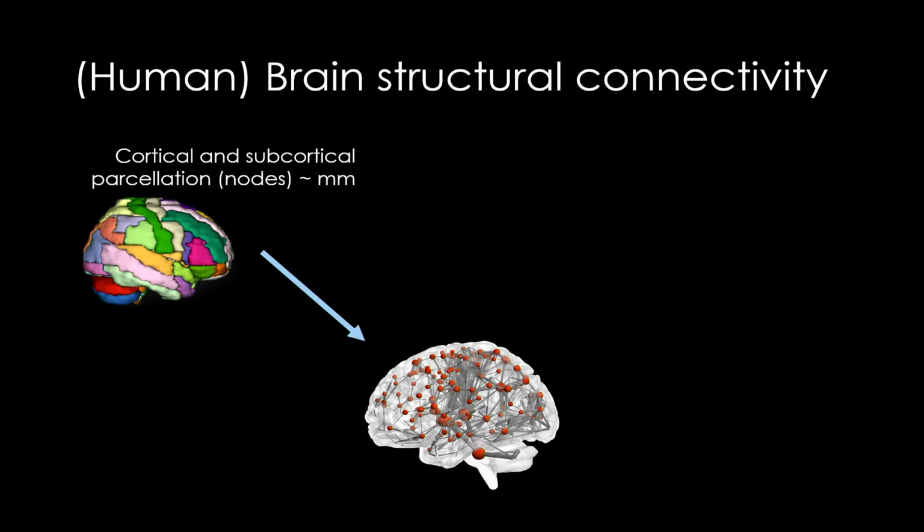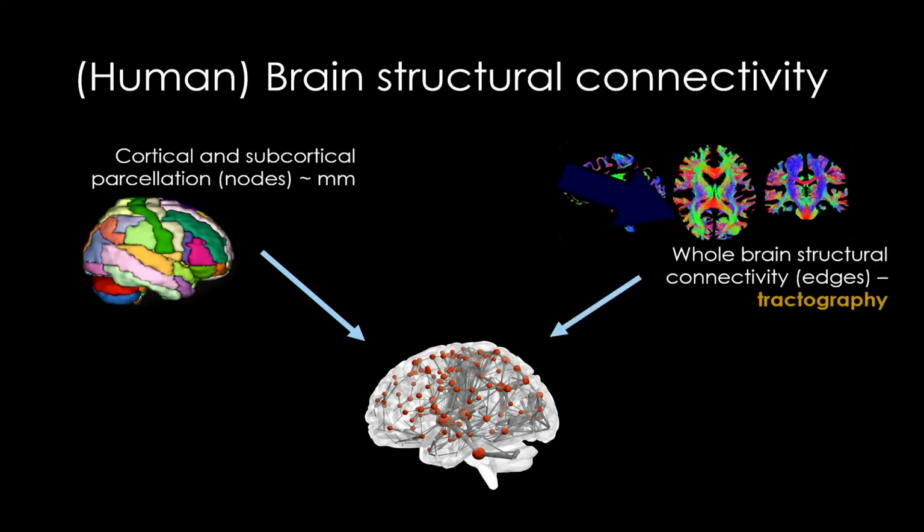Here, each region has a volume or an area of around some millimeters. And the second thing that we need in order to create the brain structural connectivity is the connection. So we have to connect different and distinct parts of the brain.